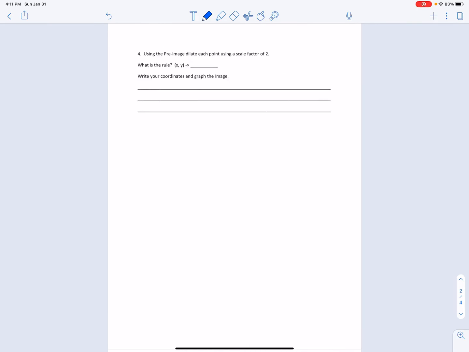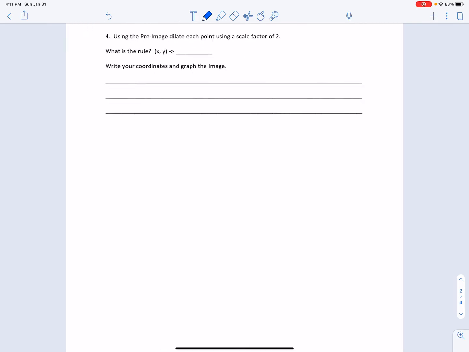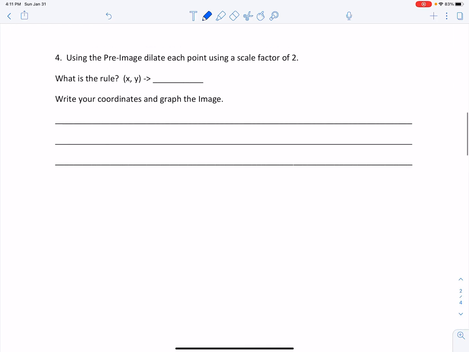Now the last thing that we're going to do is take that original image and dilate it using a scale factor of 2, which basically means we're going to take our x value and multiply it by 2, and take our y value and multiply it by 2.